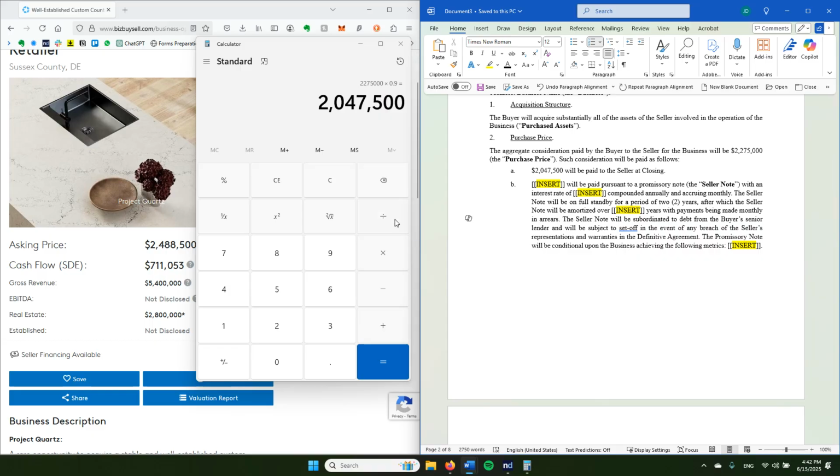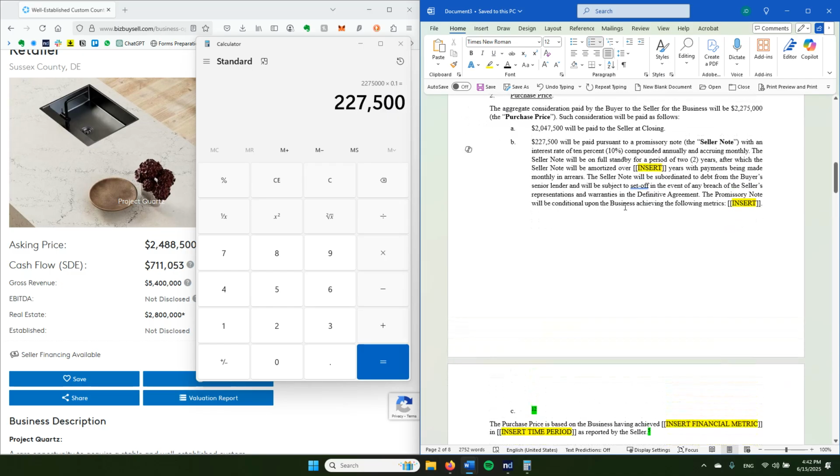So what does that amount to? 2275 times 0.1. There we go. So a 10% seller note for this offer. Say, call it 10% interest.